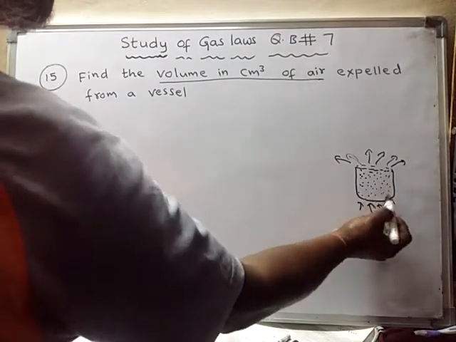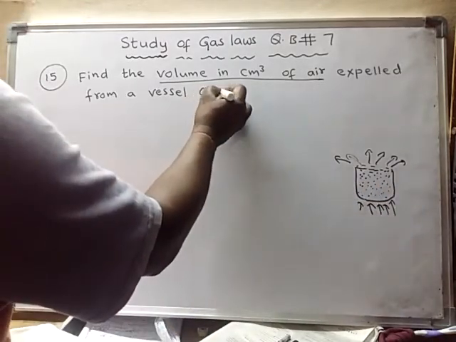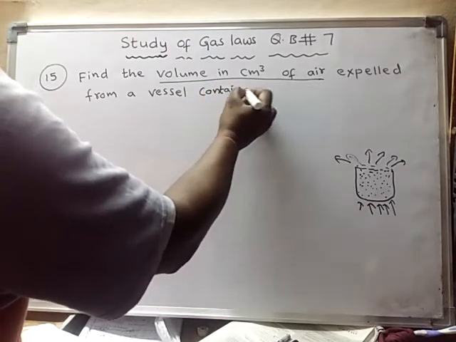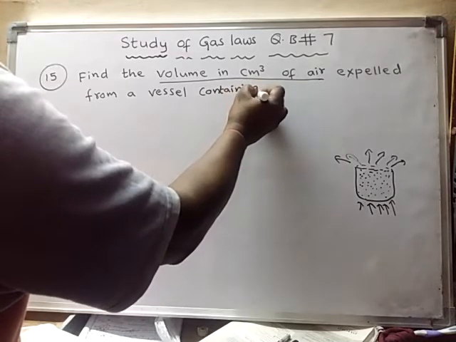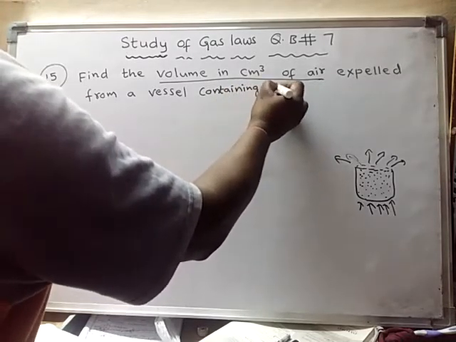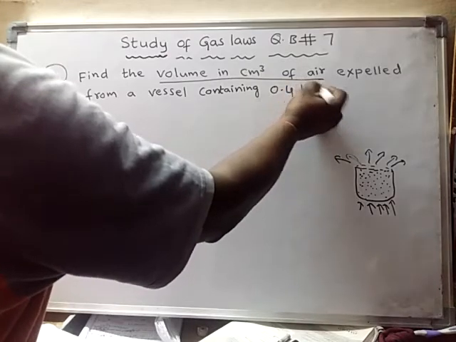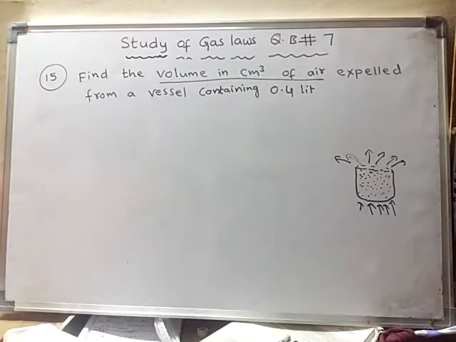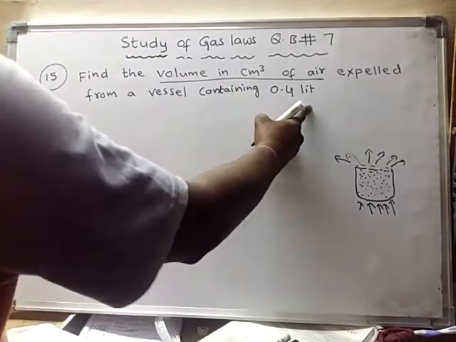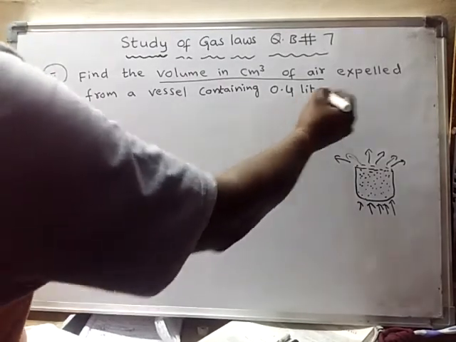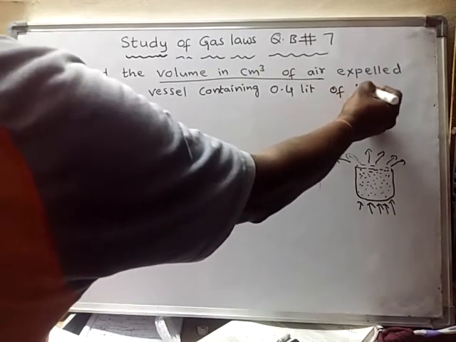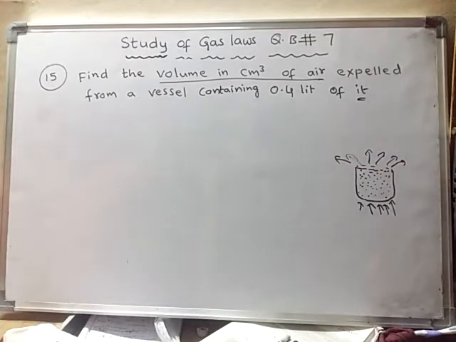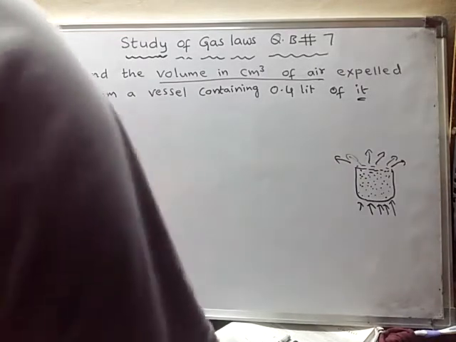Actually, the vessel is containing 0.4 liters of air. So initially how much air was present in the container before heating? The vessel was containing 0.4 liters of air initially.